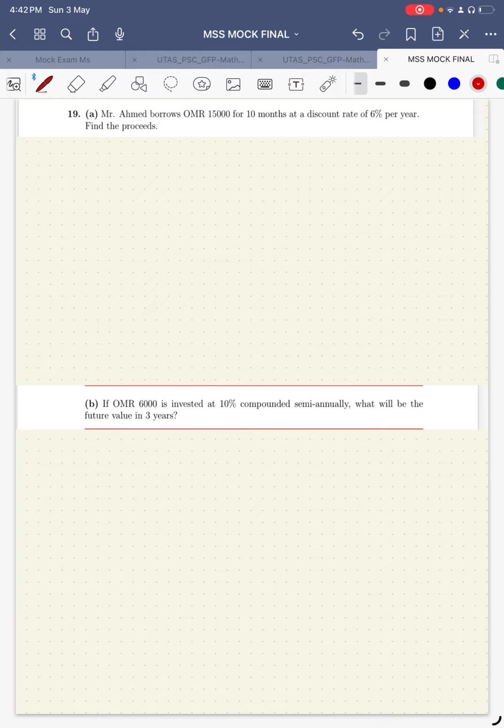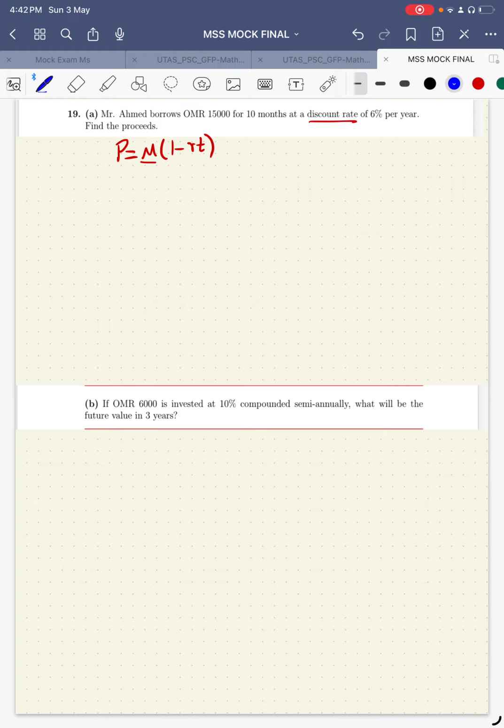I should remember that if I have a discount rate, I use this formula: B equals M times (1 minus RT). What is M?